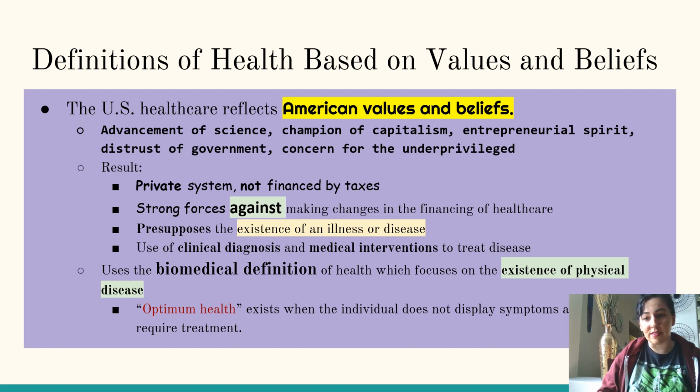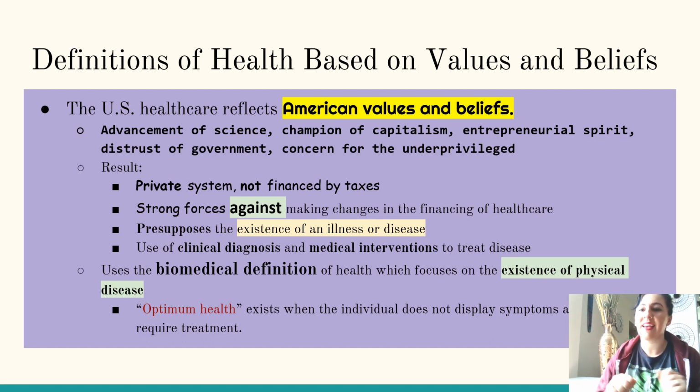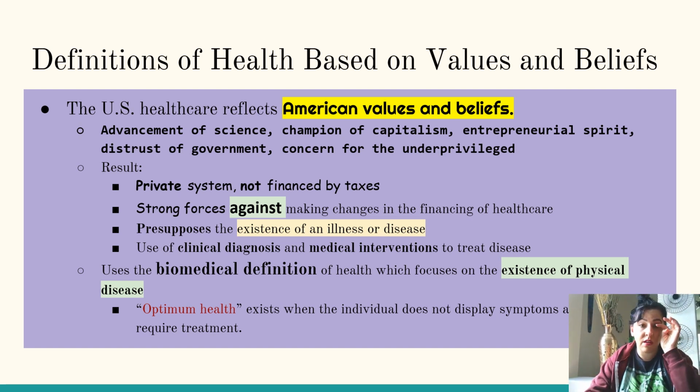So yes, in recent times, we're coming to the idea that we need this, or a lot of people are. We might be split down the middle, but in the past, this is not a new idea, and the forces against it have been very strong, okay? So it's been shot down many, many times before.